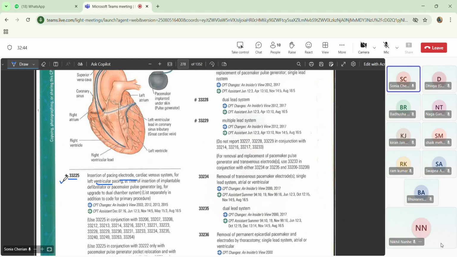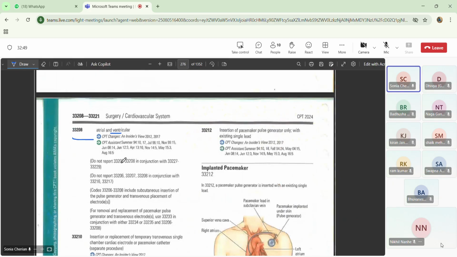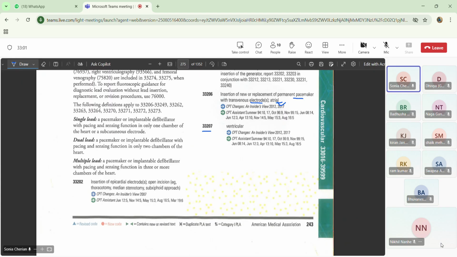So this is another code and you have to code it along with 33208. It means that multiple leads have been placed, like in the right atrium, right ventricular, and left ventricular, along with the pulse generator. So this is how you have to check.